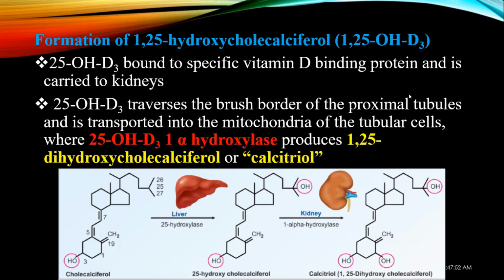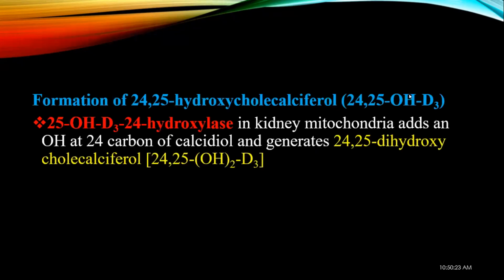And this 1 alpha hydroxylase enzyme is the rate limiting enzyme for the formation of calcitriol. It is regulated by the concentrations of calcium and phosphate, and also by feedback mechanisms. Now next, the formation of 24,25 hydroxycholecalciferol.